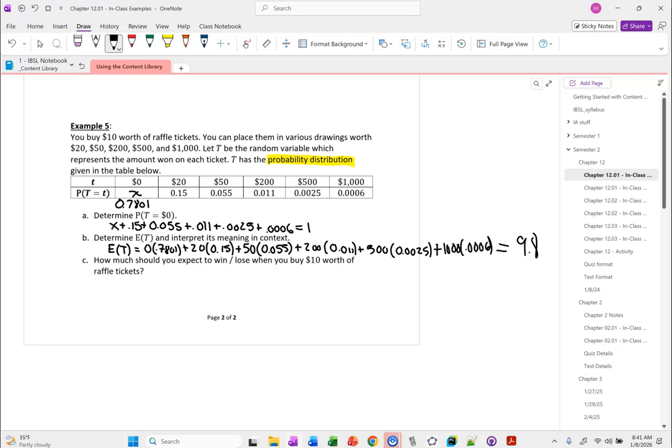What does that mean now in the context? So what is T representing? The money we want.